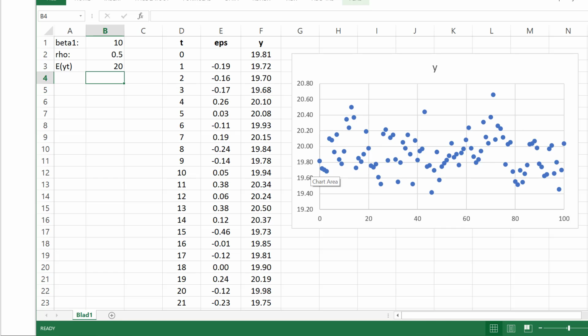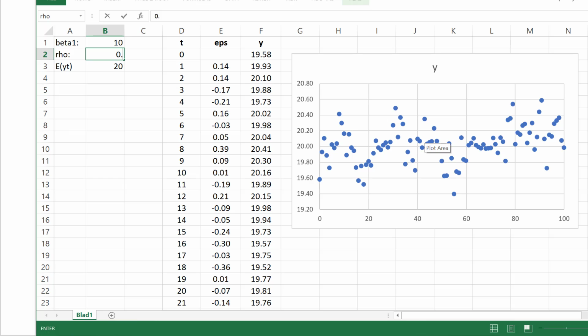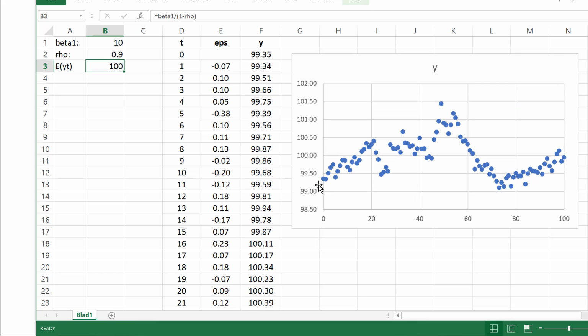And according to the formula, the expected value of yt should be 20, and looking at the simulated data, that does seem to be perfectly correct. And this will work. Let's try other values. Let's do, let's say, 10 here and 0.9 here. Then the expected value will be 10 over 0.1, so 100. And yes, it does seem to be working fine.